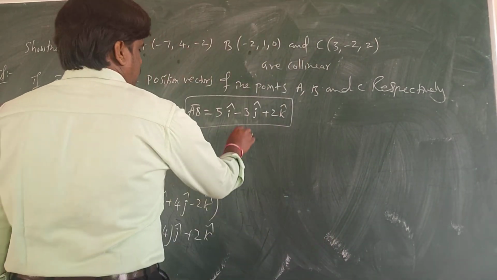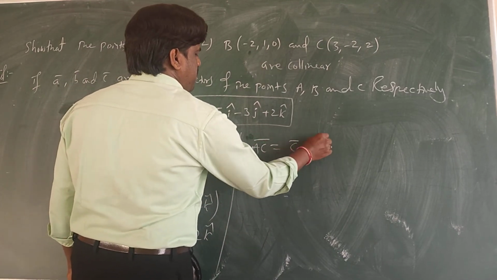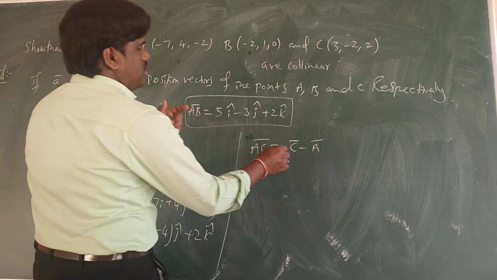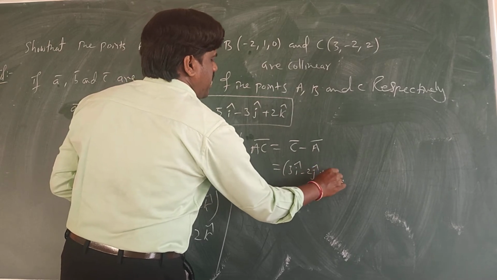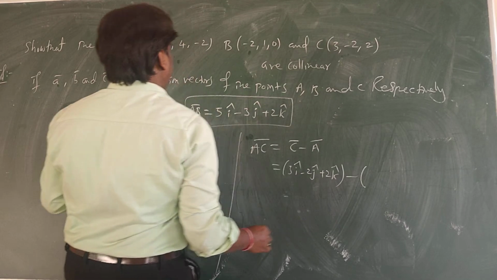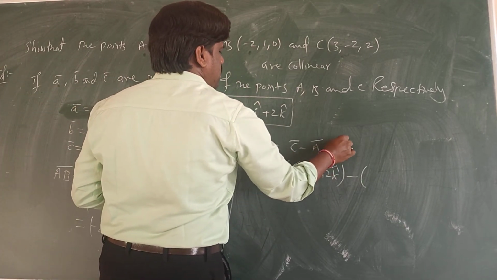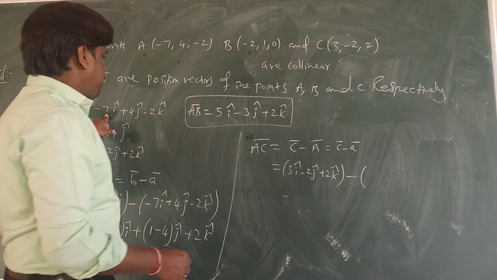See, AC vector is equal to C vector minus A vector. C vector is what? Where is C? 3i cap minus 2j cap plus 2k cap. See, this is the C vector. Minus A vector. C minus A. You can write as C vector minus A vector. C vector I wrote. A vector is what?